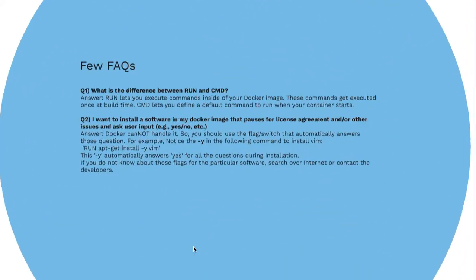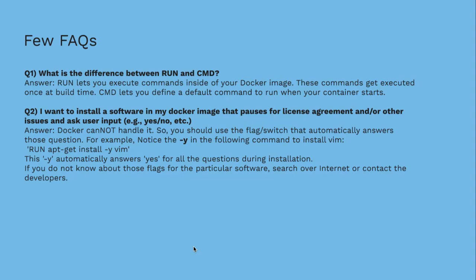Now there are some frequently asked questions. The first is, what is the difference between RUN and CMD? If you have prior programming knowledge, then it is very easy to understand. Just think of RUN as your compile time environment. That is, RUN lets you execute commands inside your Docker image.